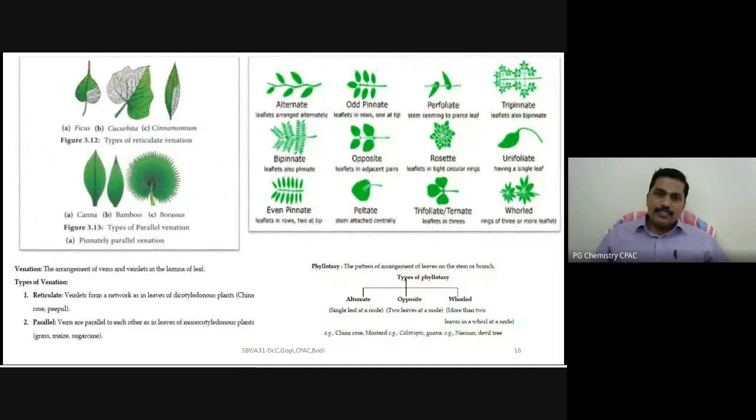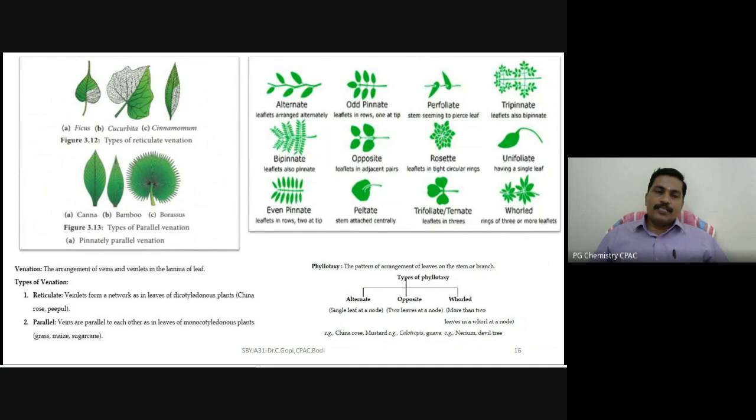Then you see the venation, the veins present in the leaves, in monocot as well as dicot. For dicotyledon, the veins show reticulate venation, where veinlets form a network of veins.